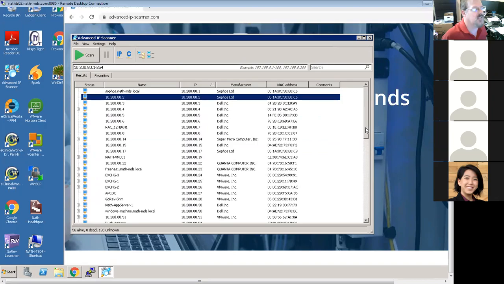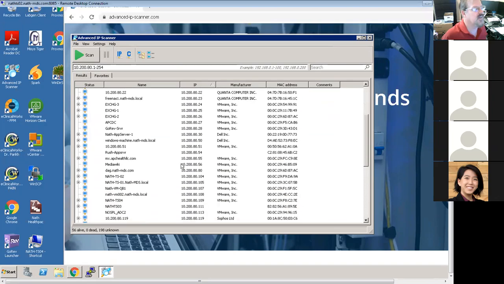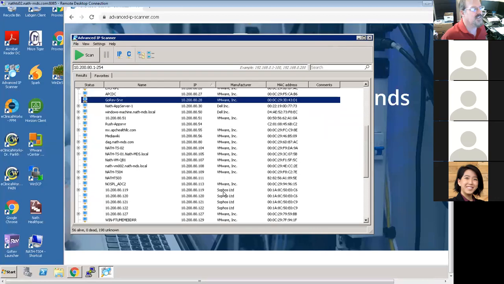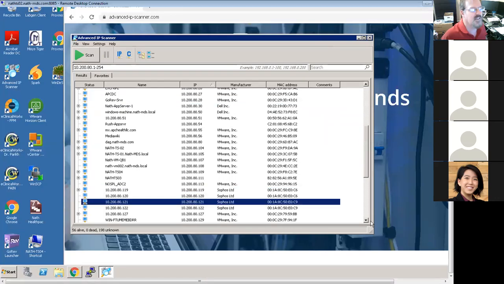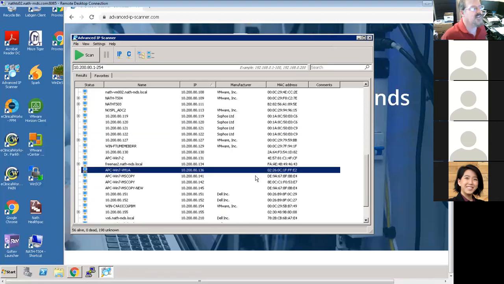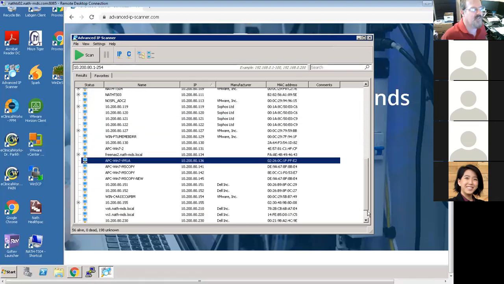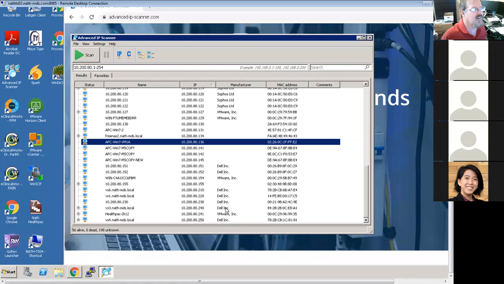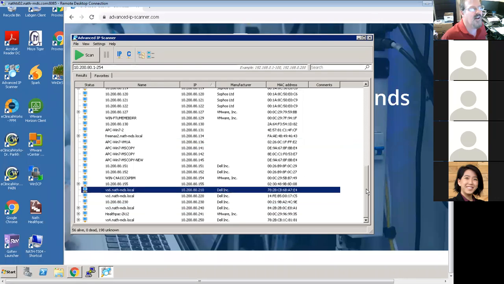I use actual Sophos firewalls in there. There's a bunch of VMware servers, so that's why you see VMware a bunch of times, because these aren't real machines. These are virtual machines. There's some more Sophoses again. Some of these don't have names because it couldn't find what they were, but you'll notice that most of my hardware in there is Dell.